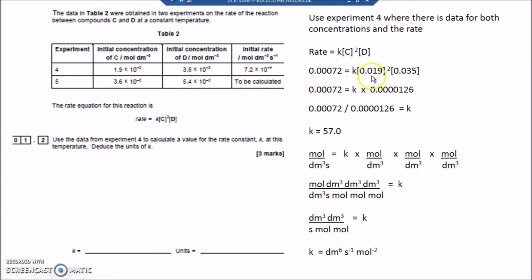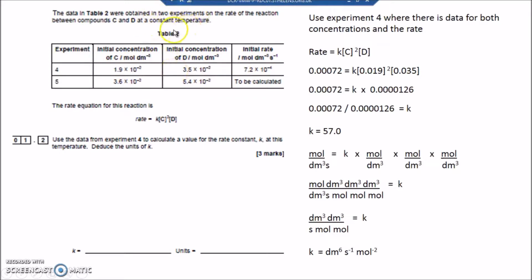I would always work these out first, and therefore you get 0.00072 equals K multiplied by 0.000162. You divide this by this, and K therefore equals 57. So we've worked out K for one of the sets of data.